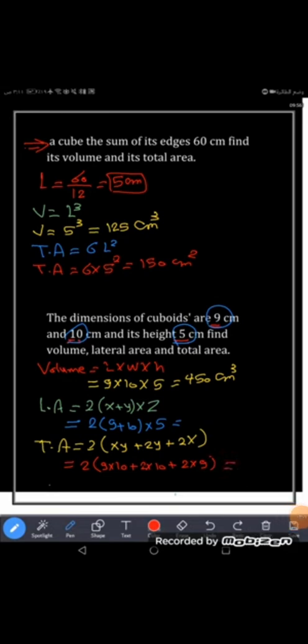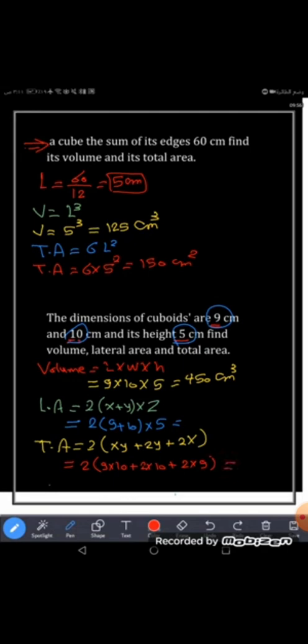Another example, a cube, the sum of its edges 60 cm. Find its volume and its total area. As we know, for a cube we have 6 faces, 8 vertices, and 12 edges.